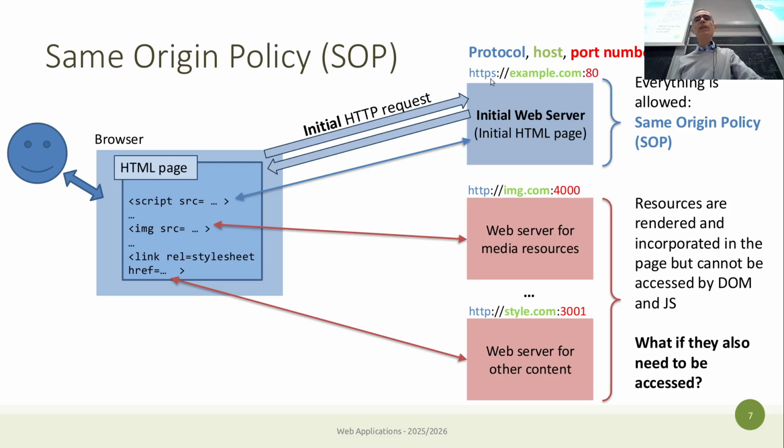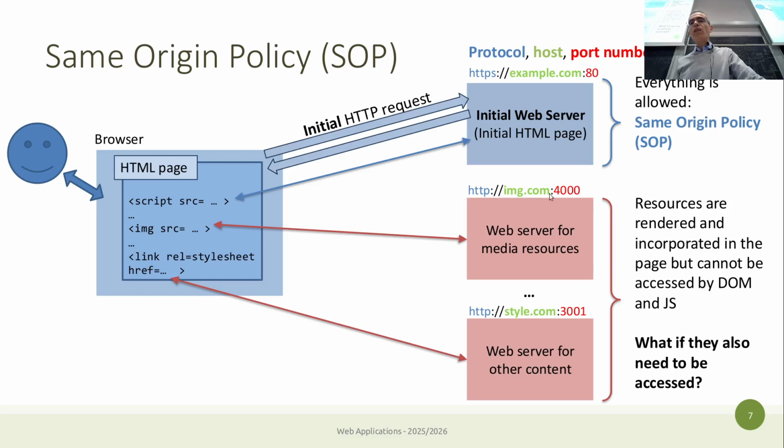I put 80, maybe 443 was a better example, but we don't really care, okay? Everything is allowed by the same origin policy, because anything that comes from this server is fine, okay? As long as it is example.com and not www.example.com, api.example.com and so on, okay? Good.